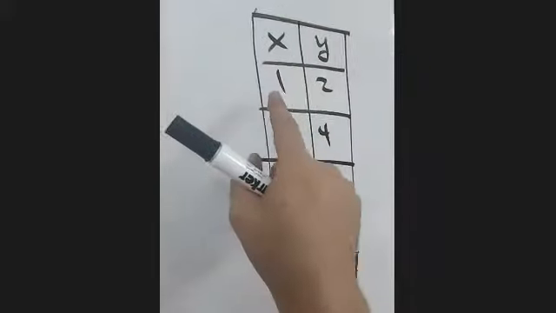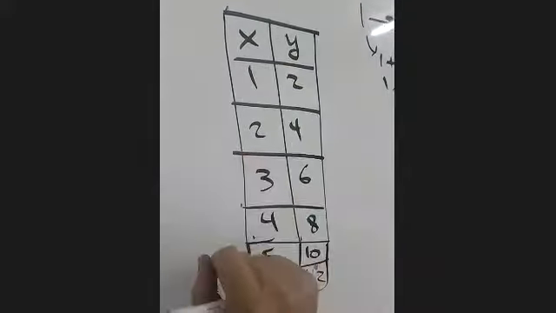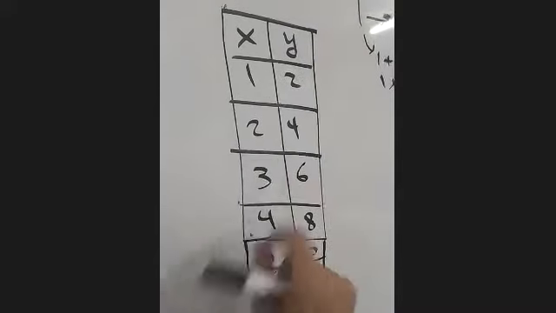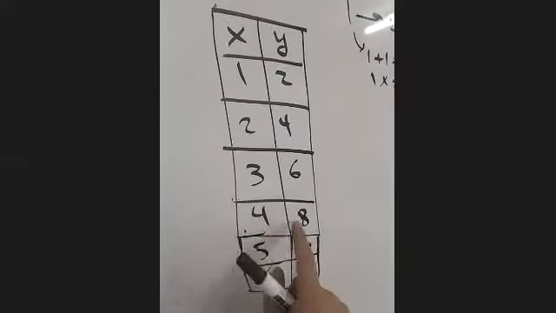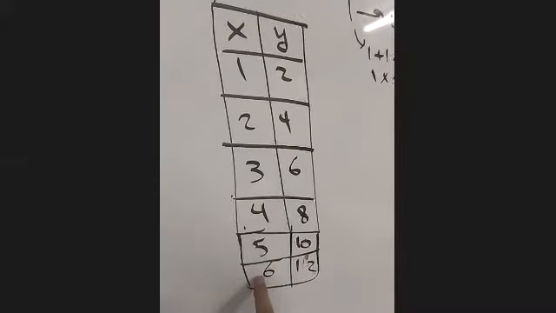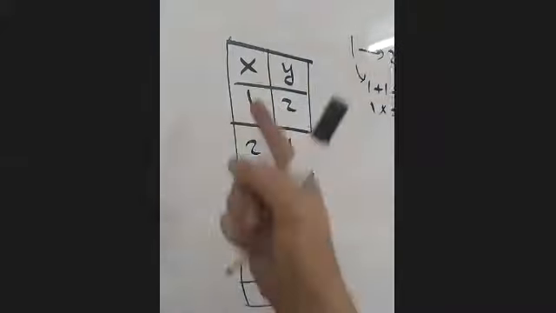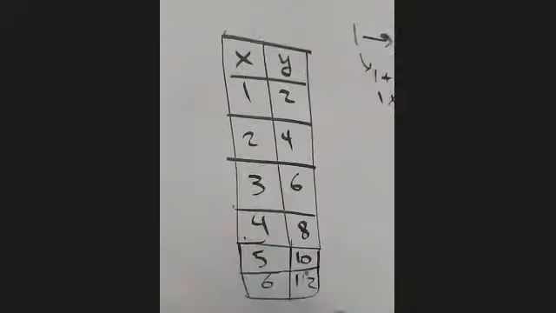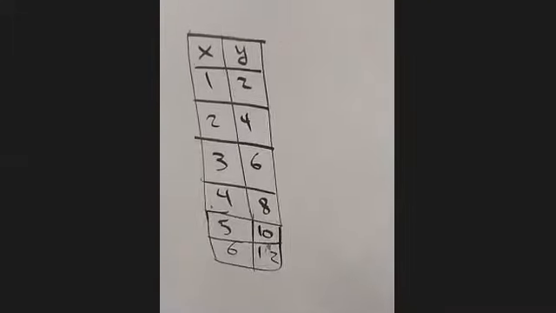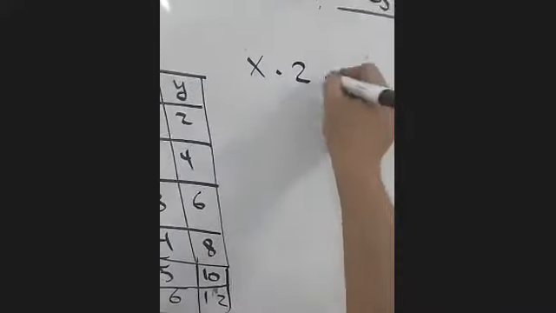But here, if you multiply 1 by 2, it will be 2. 2 multiplied by 2 equals 4. 3 multiplied by 2 equals 6. 4 multiplied by 2 equals 8. 5 multiplied by 2 equals 10. 6 multiplied by 2 equals 12. This means if you multiply x by 2, you get y.